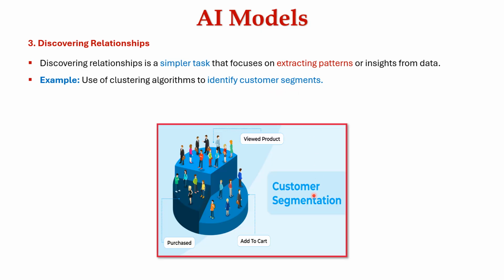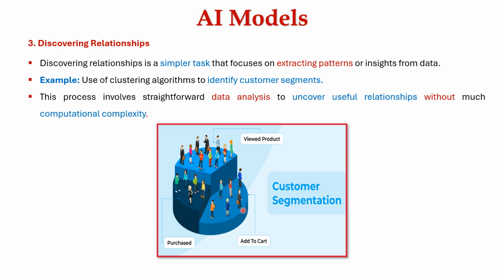So this image illustrates the customer segmentation model that takes inputs like view products, added to cart, and purchase. Then it categorizes the users based on their engagement level to analyze shopping behavior. So this process involves straightforward data analysis to uncover useful relationship without much computational complexity.